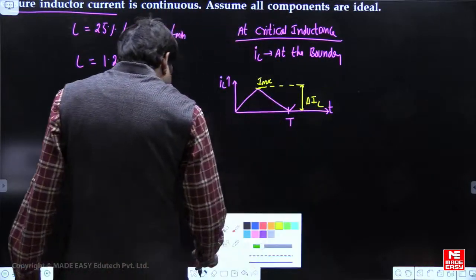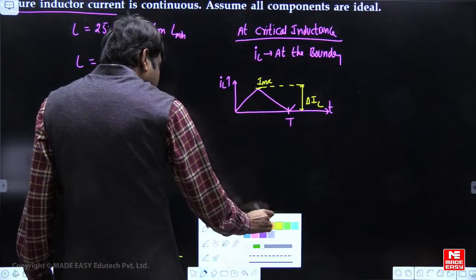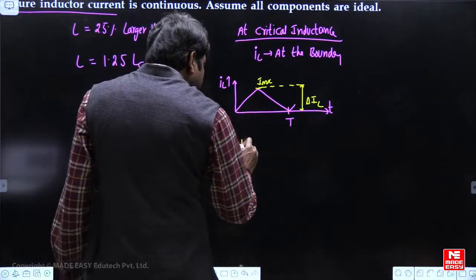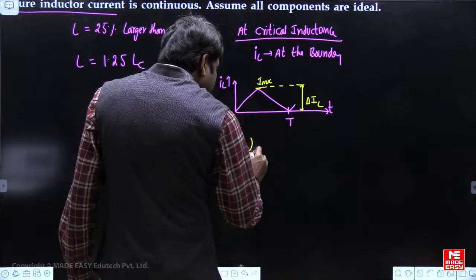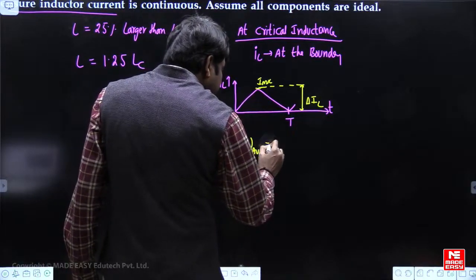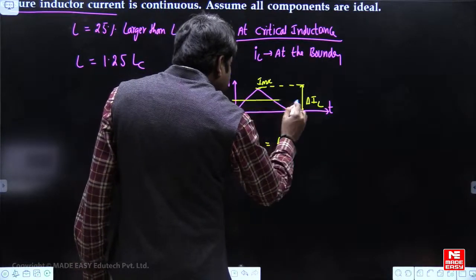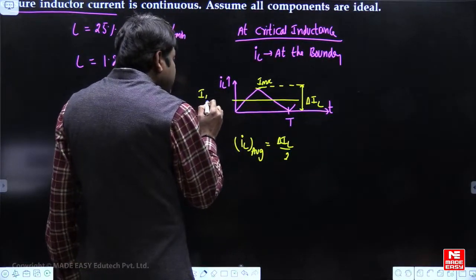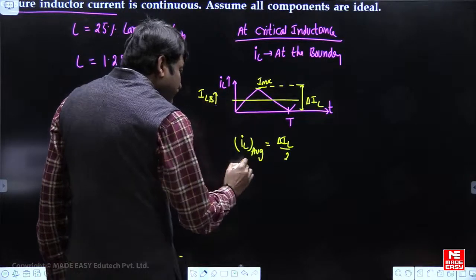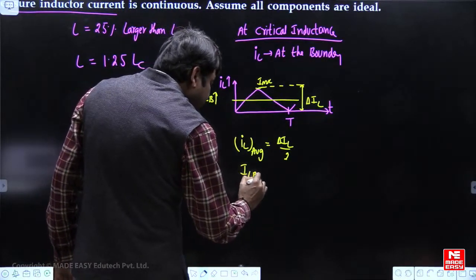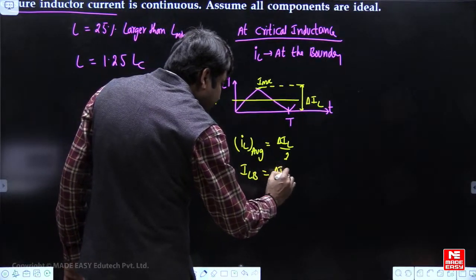Now, how do you find IL average at the boundary? IL average at the boundary is delta IL by 2. It passes through the midpoint of the ripple.